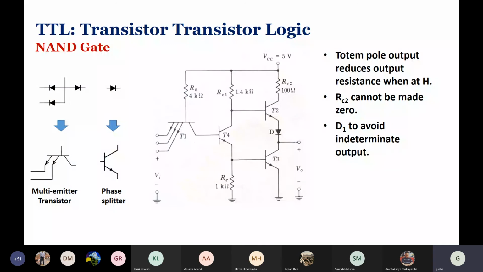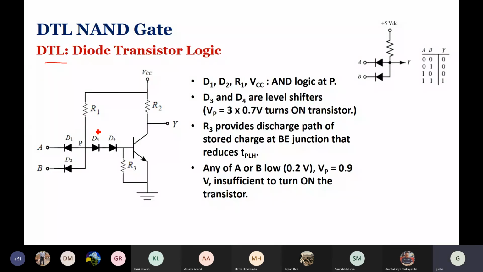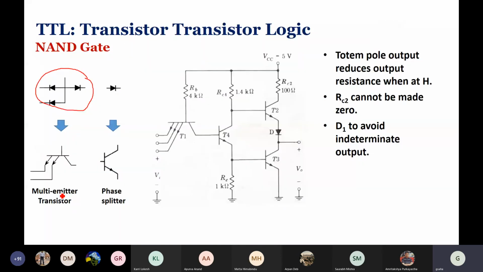So in that, this particular block that you see was represented by a multi-emitter transistor like this. You can consider two inputs for the time being, but you can have multiple such inputs.